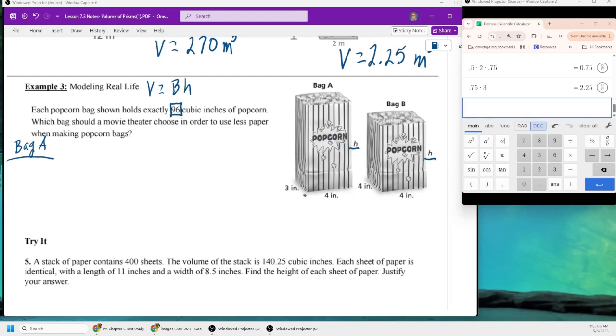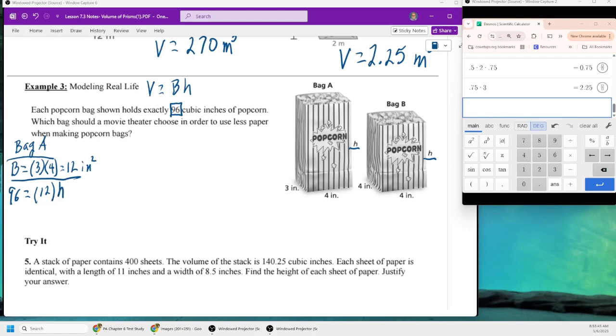Now we can find the area of the base because we know the base. So for bag A, the area of the base is 3 times 4, which is 12. So that's 12 square inches. So then to find the volume, we'll say, the volume, which is 96, is equal to the area of the base times the height, which is what we don't know for this.